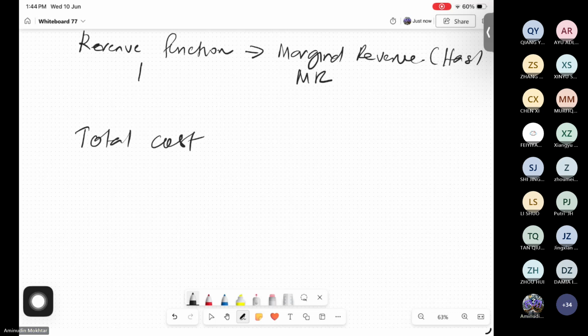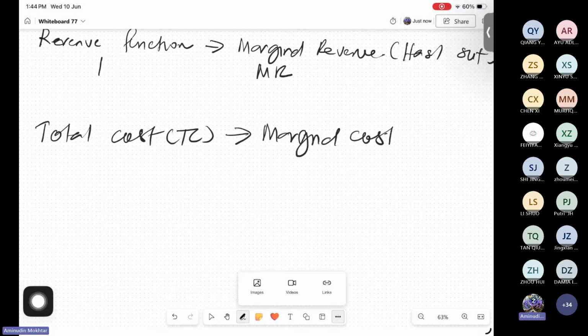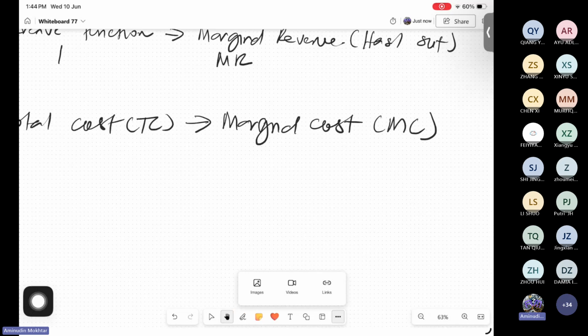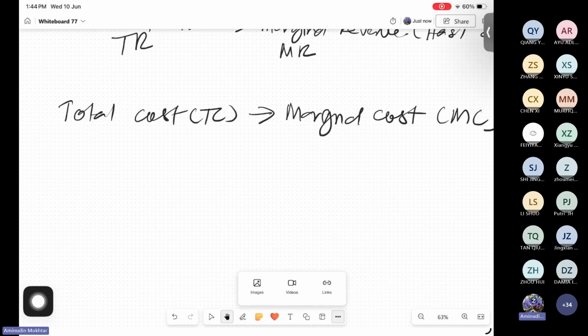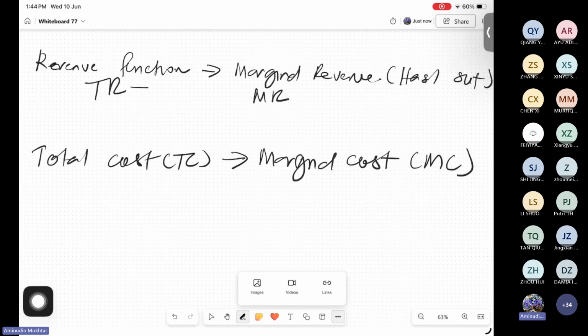Total cost, there is TC. From total cost, we can find the marginal cost. Referring to your economics course, we have this concept, MC. From total revenue, TR, the first derivative of TR, dTR/dQ, gives us the MR, marginal revenue.